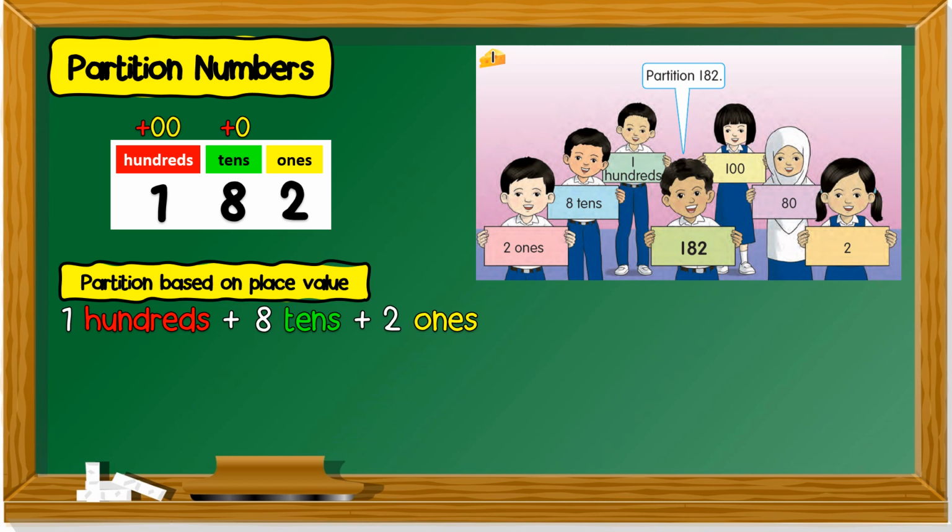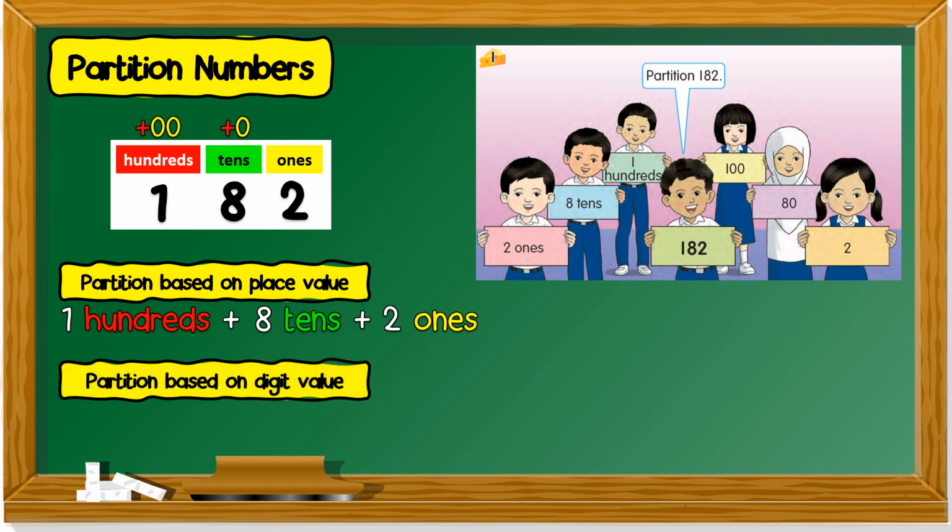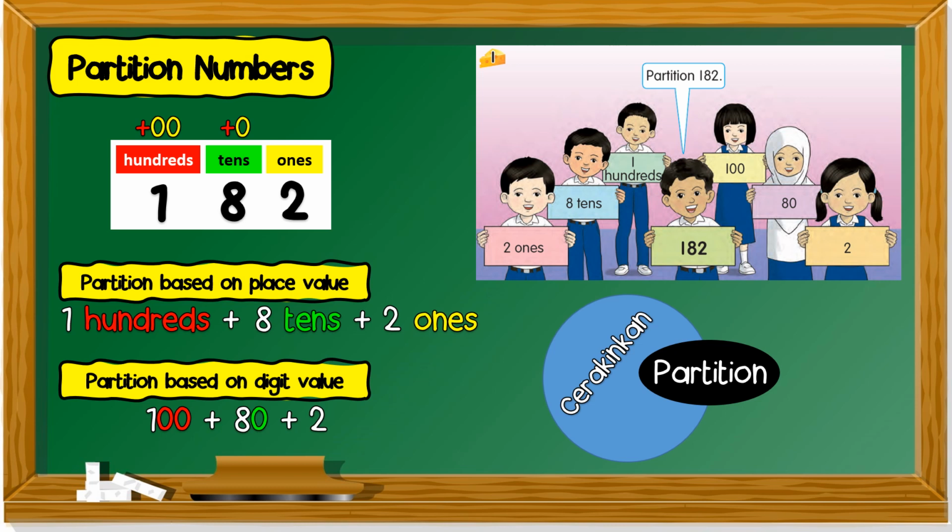So, when you partition it based on digit value, it's 100, which is 100, plus 80, which is 80, plus 2. So, partition in Malay means cerakinkan ataupun kategorikan mengikut nilai tempat ataupun nilai digit.